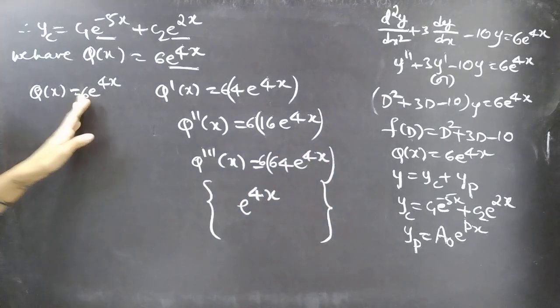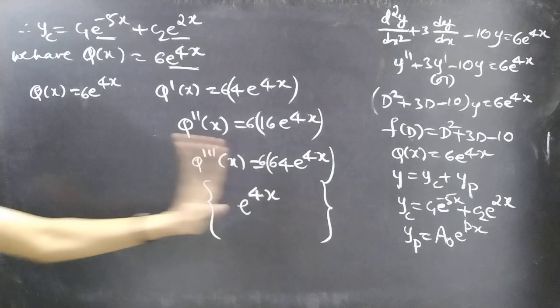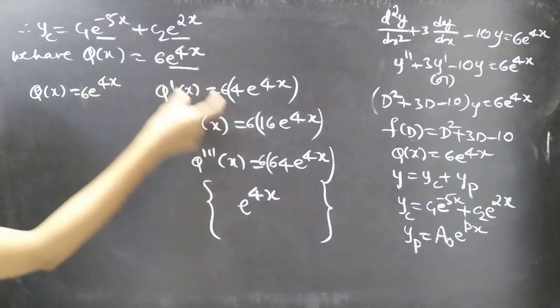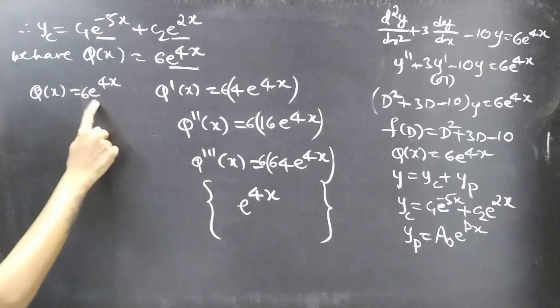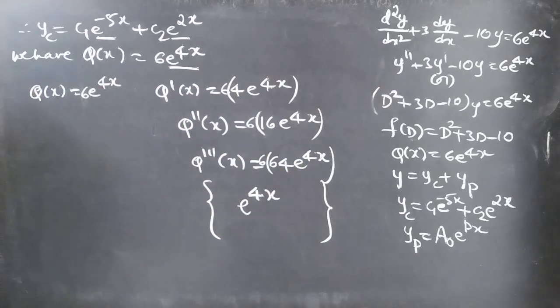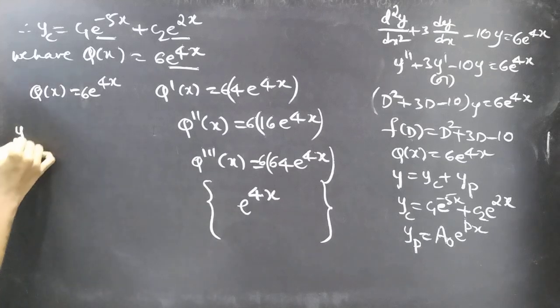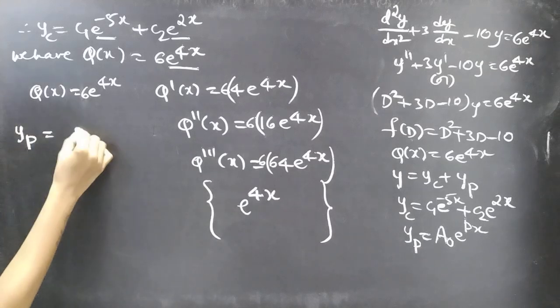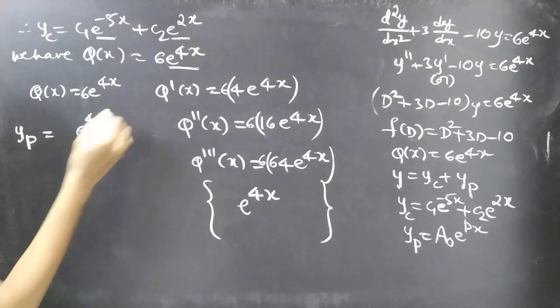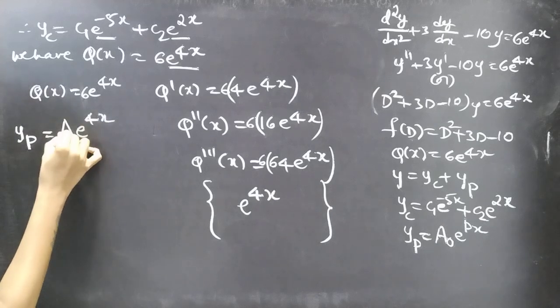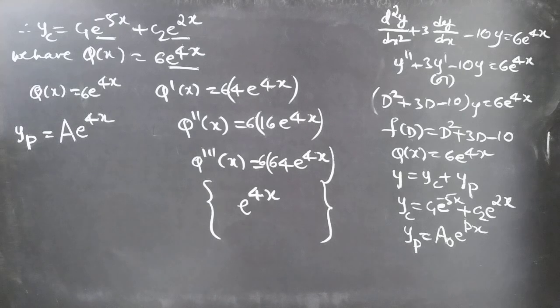You'll just have a constant in front of every function. Now observe, q of x and all its derivatives just have e power 4x and nothing else, right? Now using this set, we'll find yp. yp equals e power 4x with an undetermined coefficient, say a.